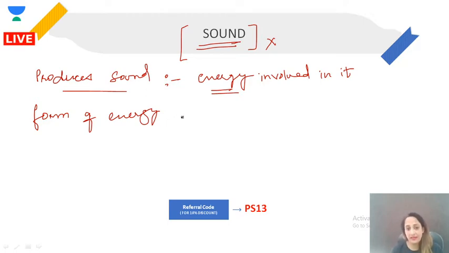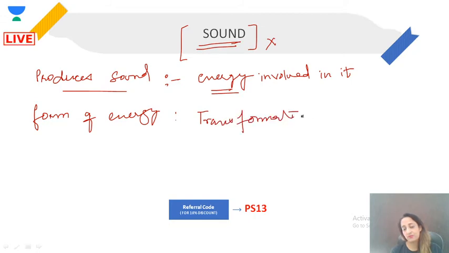As we have learned in our previous chapters, this is under transformation of energy. It is just one form of energy getting converted into another form of energy. It is not like sound is being produced out of nowhere, right?